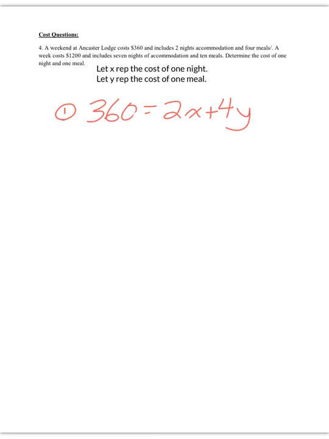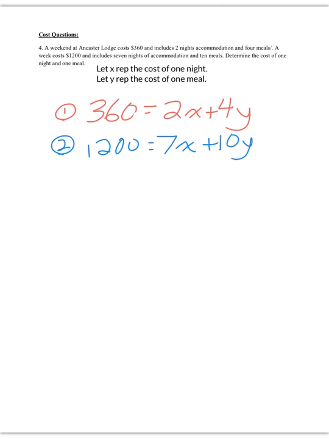So now we're going to do the second one. It says a week, which is 7, is $1,200. So I have $1,200 is 7 nights and 10 meals. There's my equation 2.